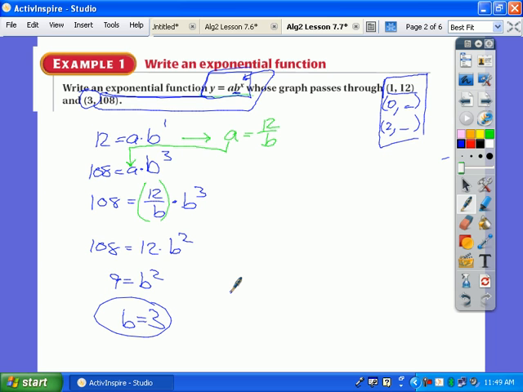So look back up here at the first equation. If B equals 3, then A has to equal, A better be 4. So now I know A is 4. And so the equation of this line is going to be y equals 4 times 3 to the x.